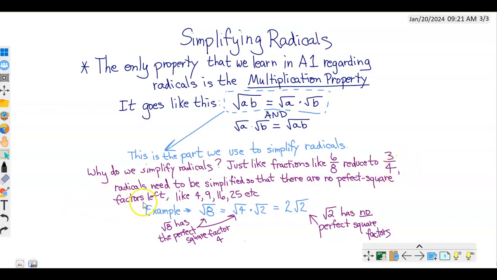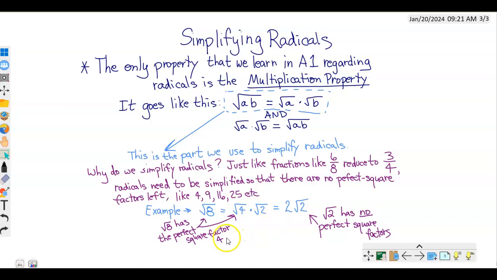Well, radicals need to be simplified in the same way, okay? Only to simplify a radical, you pull out any perfect square factors, like 4, 9, 16, 25, etc. And you continue to find these perfect square factors until you don't have any more left.